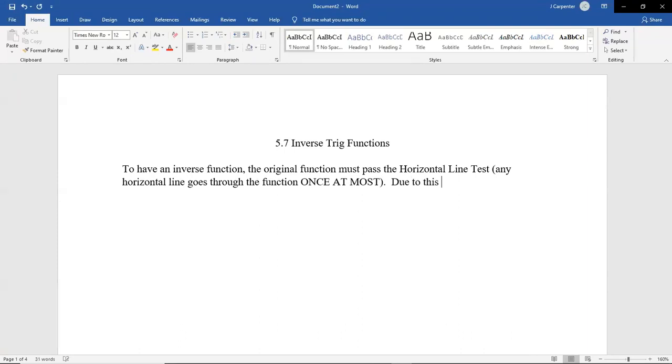Due to this, we're going to say, see below, y equals sine of x must be restricted to a domain of D equals, between brackets, negative pi over 2, pi over 2, in order to be invertible.